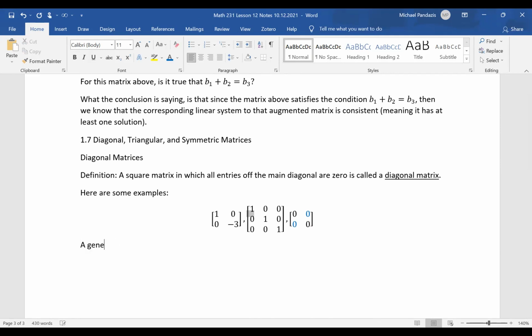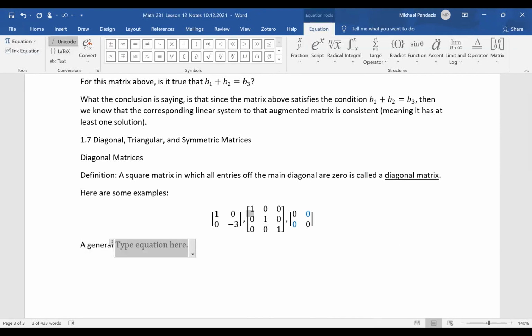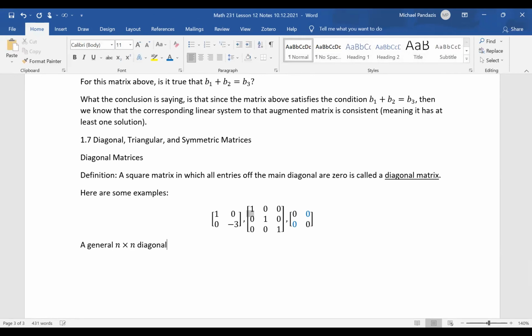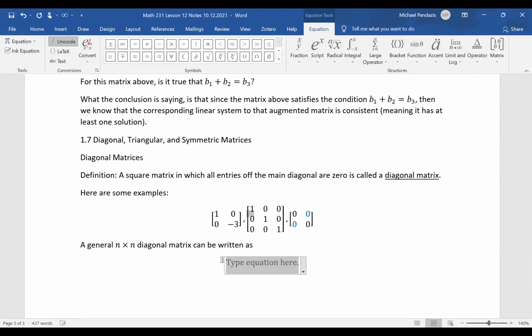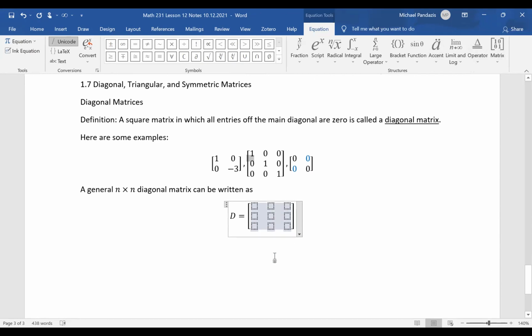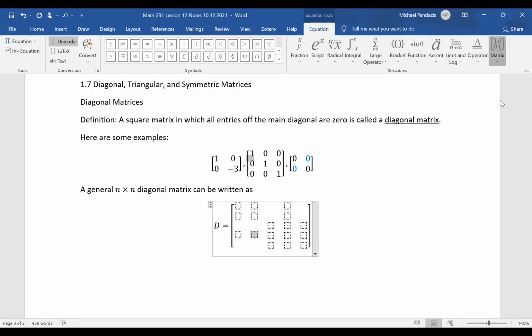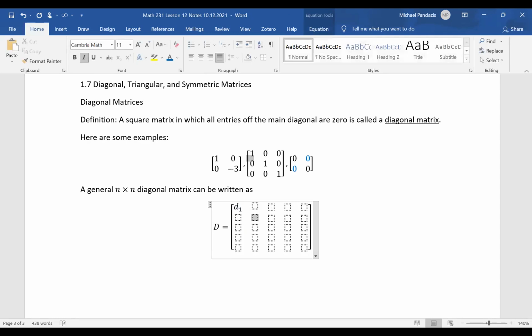So a general n by n, because it has to be square by the definition, a general n by n diagonal matrix can be written as, so usually we use the notation D for diagonal to represent a diagonal matrix. Let's say you have D1, D2.